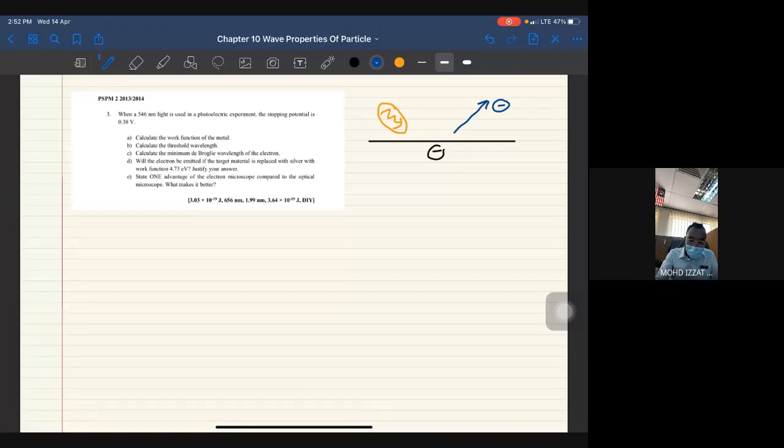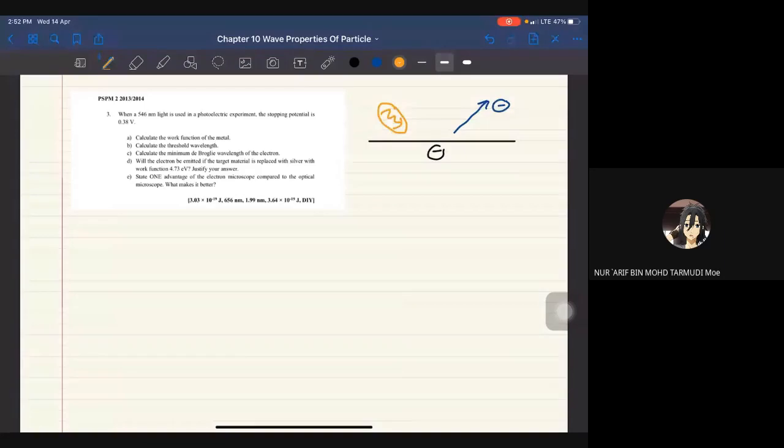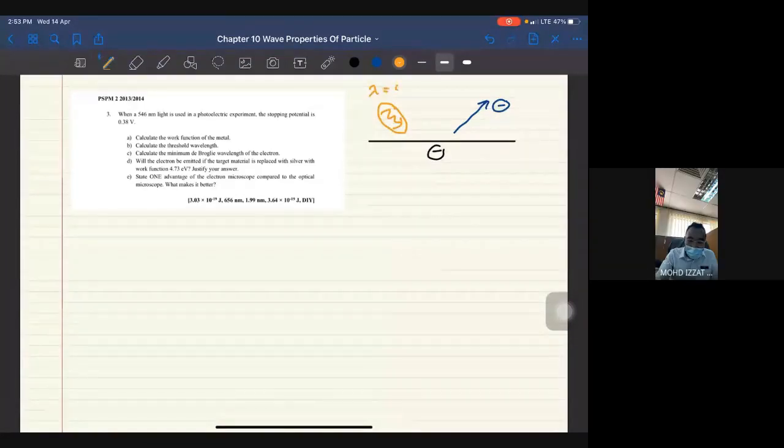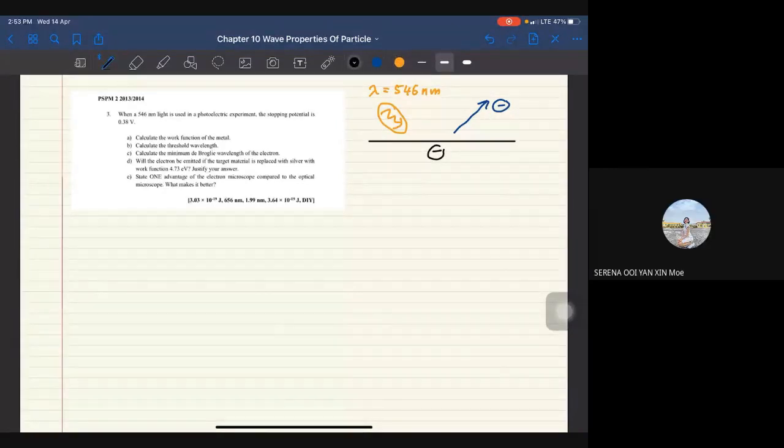The 546 represents yellow, black or blue? Yellow. Okay, so that one is the light coming in. 546 nanometer. The stopping potential is 0.3 V. That one is from black to blue to yellow. Blue.